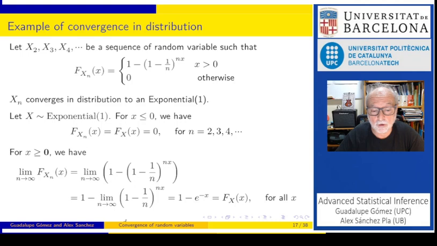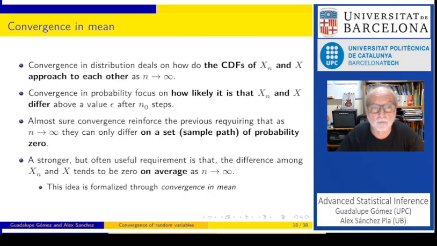Let's talk of another form of convergence, which is convergence in mean. As I said, convergence in distribution is about the convergence of the cumulative distribution functions. Convergence in probability is about how likely it is that the difference exceeds a threshold, and this likelihood tends to 0.